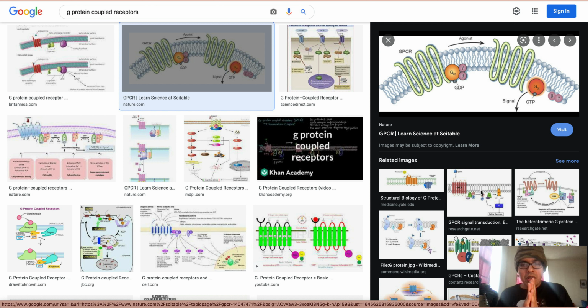So then anaphase would occur afterwards, right? But not right away. Between metaphase and anaphase, there is a checkpoint called the metaphase checkpoint.